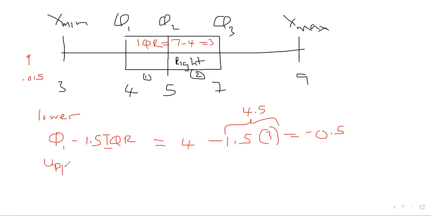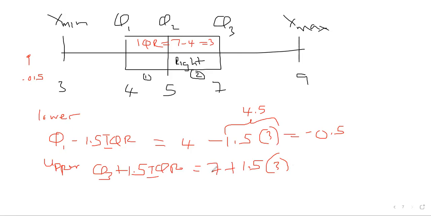Upper extreme value, we simply do what? Q3, the sign changes here now, plus 1.5 IQR. Where is the 1.5 coming from? I say the standard value. So what was the upper quartile? 7. That's 1.5 IQR. So this still gives us a 4.5, which is our correction term.